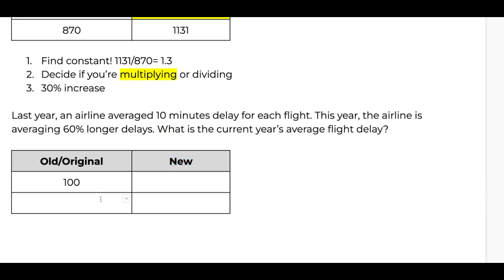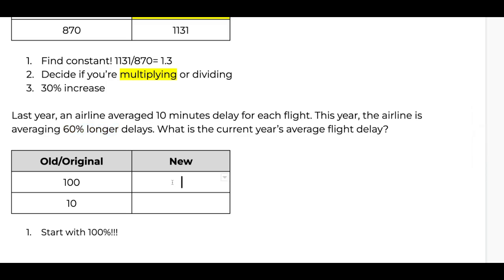So it started as 10, and then this says averaging 60%. Remember, you're gonna have to start with 100%. I can't stress that enough. If you are given a percent, you have to figure out what this means. The airline is averaging 100 or 60% longer.